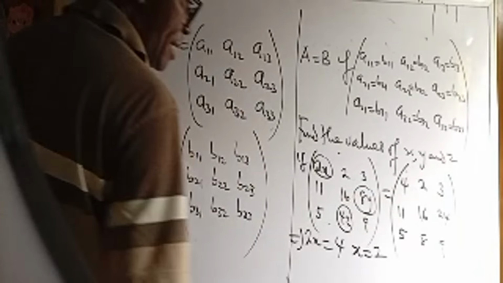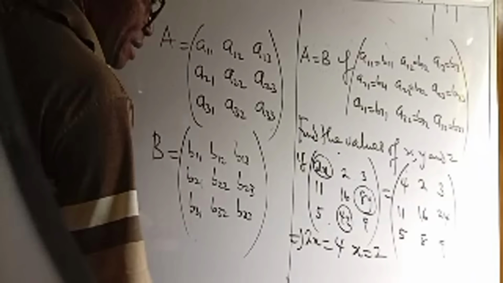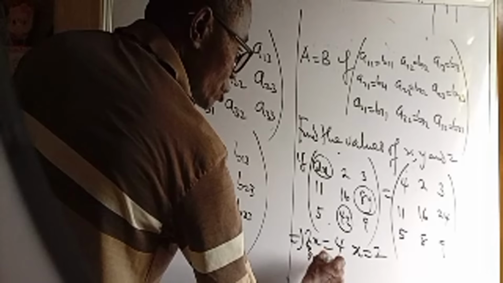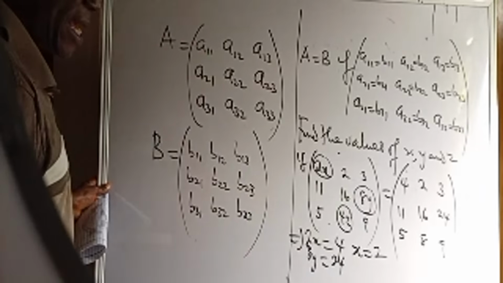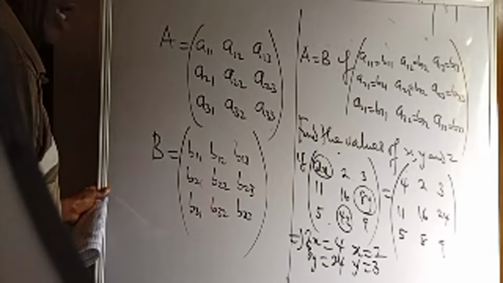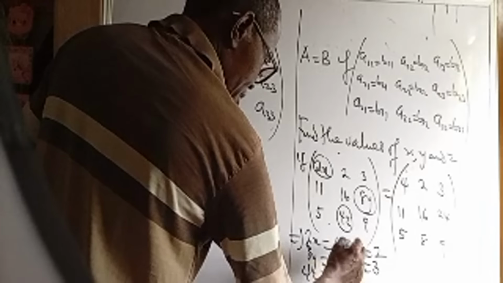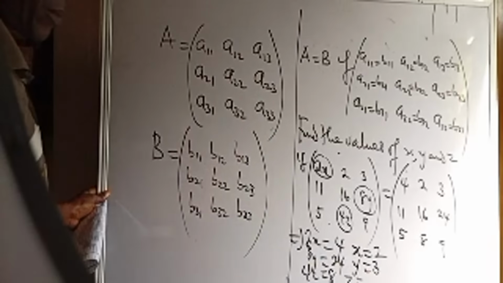Now 8y. This is y, occupying this position. You can see the entry here corresponds to the entry there. So 8y is equal to 24. Dividing both sides by 8, y is equal to 3. Now, where do we see 4z corresponding? So 4z is equal to 8. Dividing both sides by 4, z is 8 over 4, which is 2.